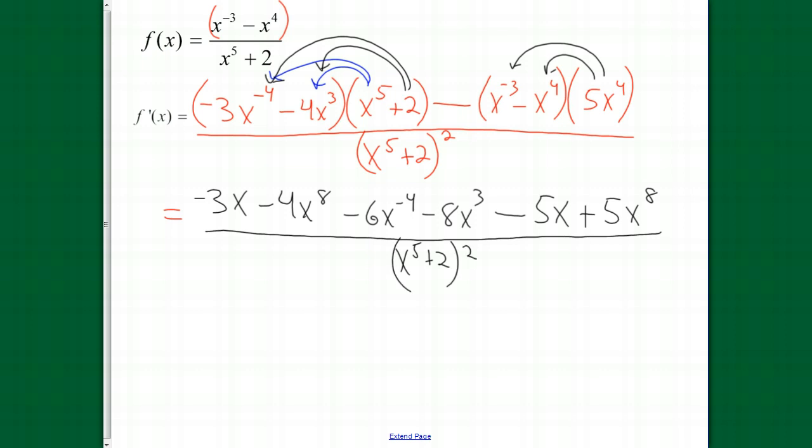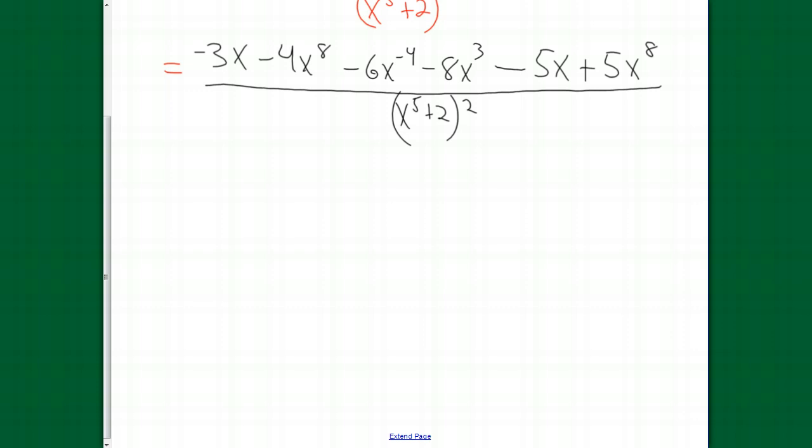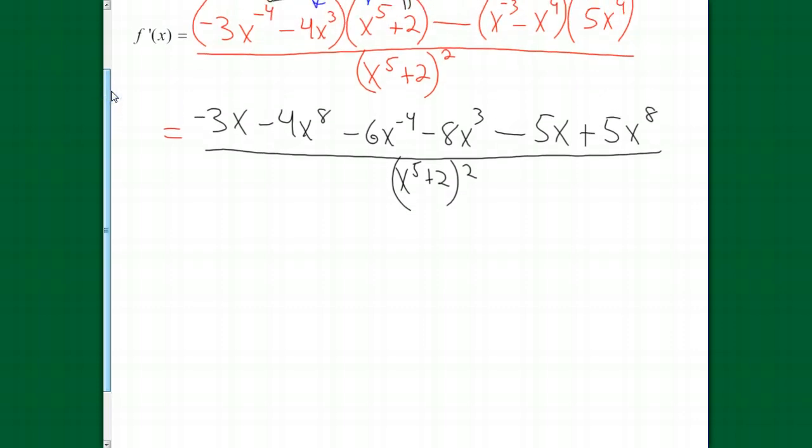All right, let me bring this up a little bit. And so now, in this numerator, we have some like terms. Same variable, same power of the variable. We've got an x to the first term, and then we have another one right here. So negative 3x, we're subtracting 5x, we get a negative 8x. Other like terms: we've got an x to the eighth, and another x to the eighth over here.